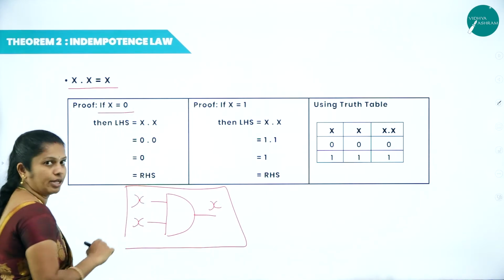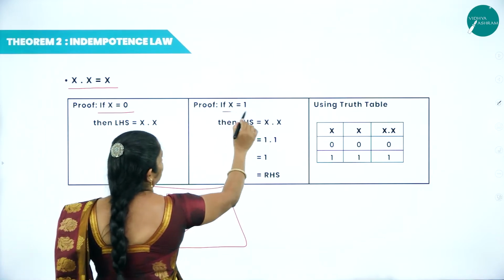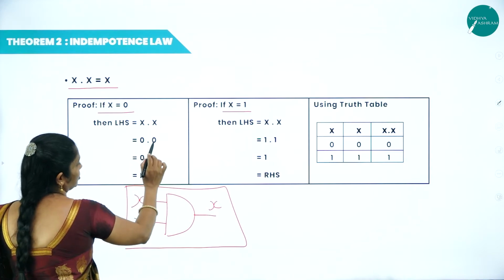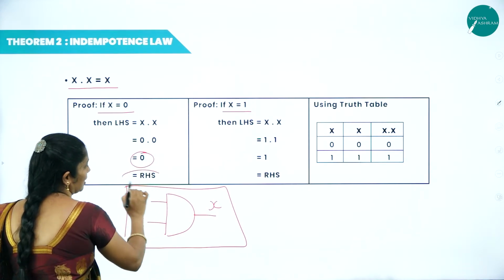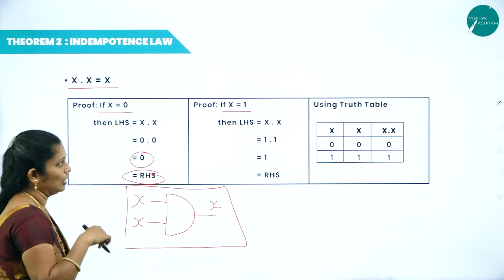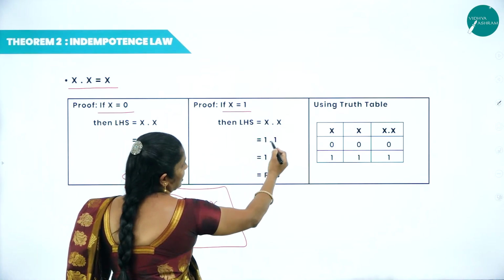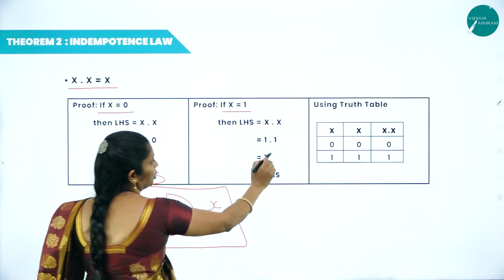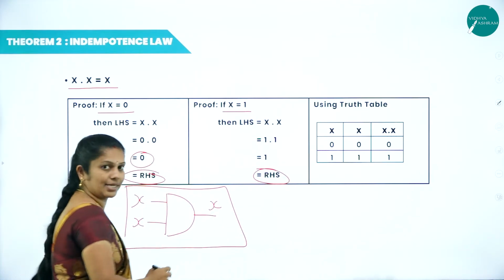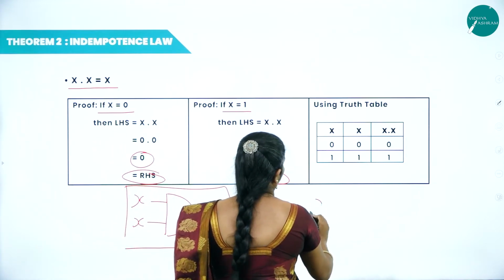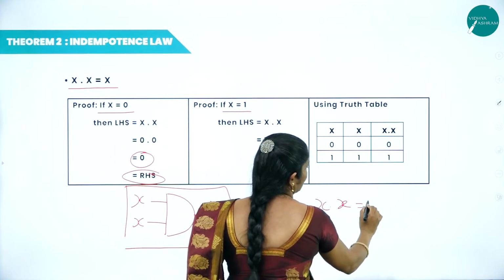Here, we are substituting x equals 0 and here we are substituting x equals 1. Then, x into x, that is 0 into 0 equals 0 only. That is the same as your right hand side value. Next, if x equals 1, then in the place of x, now we are substituting 1. 1 into 1 is 1. That is your right hand side value. That is x only.